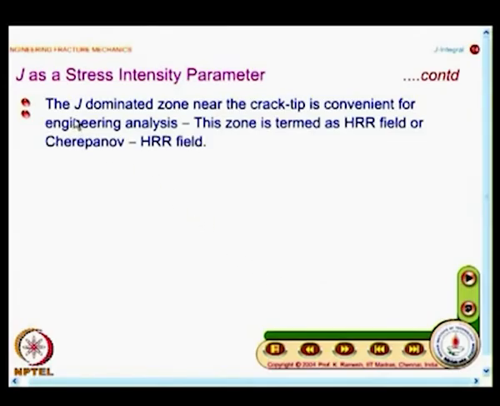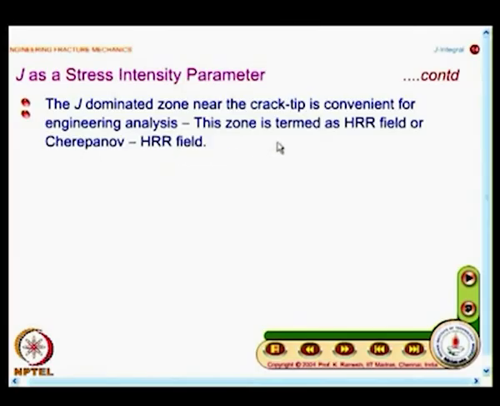Like we had seen the K dominated zone in LEFM, in EPFM people have looked at the J dominated zone, and this is found to be convenient for engineering analysis, because there are approximations involved. This zone is termed the HRR field or Cherepanov HRR field.